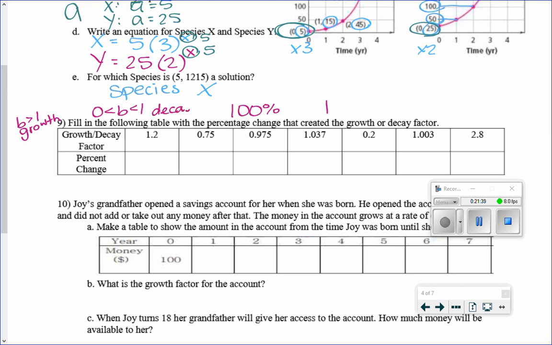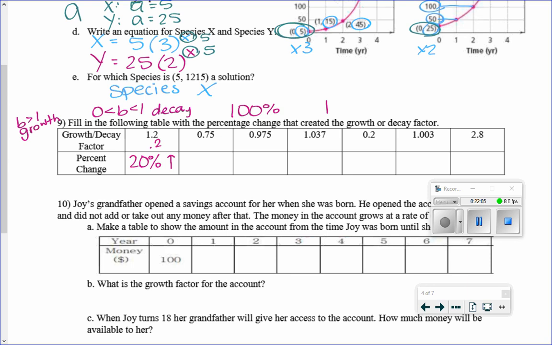All right. So the first one, 1.2. How far away is 1.2 from 1? 0.2 away. So as a percent, 0.2 is 20%. And since the original number was greater than 1, it is growth. So I'm going to just put an up arrow for growth.